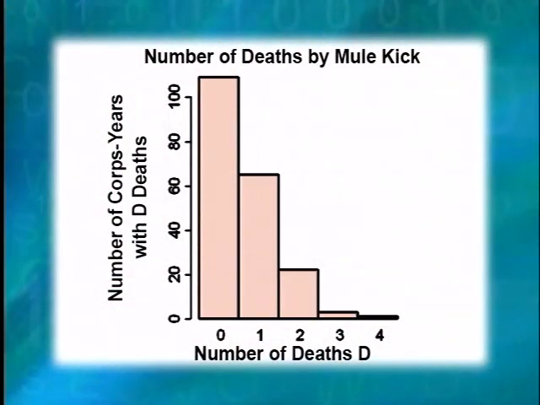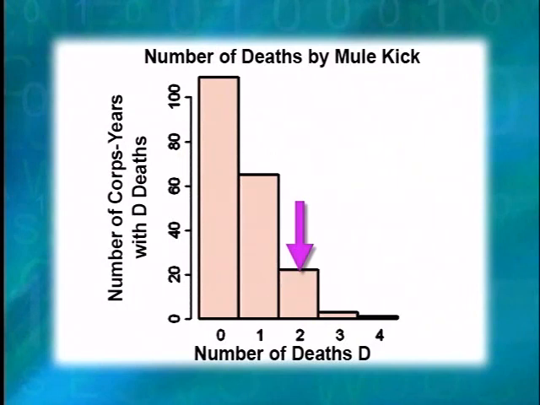And let me give you an example. This is an example that we saw before. This is the number of deaths by mule kicks in the Prussian army over a period of 200 corps years. In 109 of those corps years, no deaths occurred. In 65, 1 death occurred. In 22 corps years, 2 soldiers died from mule kicks, etc.